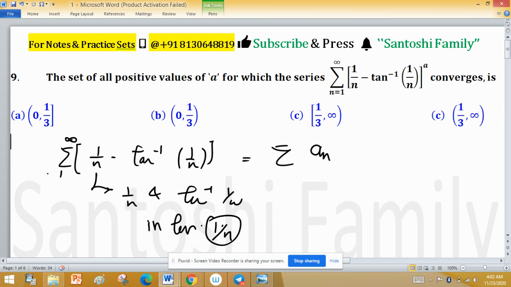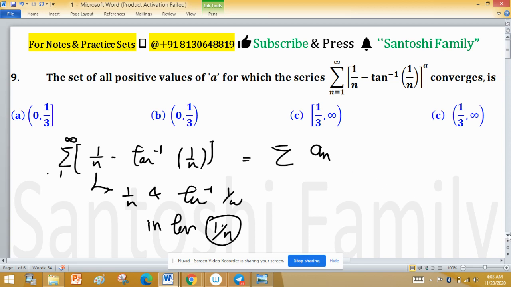We know the expansion of tan inverse x, so we expand this an with the help of that expansion. Whenever an inverse trigonometric function appears, either in a limit with indeterminate form or in this type of series, most probably we solve the question by the expansion.